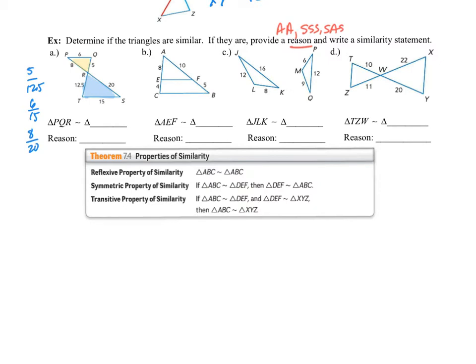We can reduce them. This first one, 5 over 12.5, I'm going to multiply the top and the bottom by 10, and let's just call that 50 over 125. Now, if we reduce that, there's a common factor of 25. That's going to reduce to 2/5, okay?